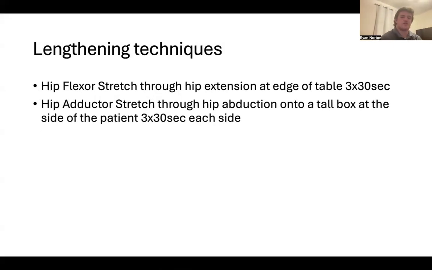Same ideas here with the hip flexor stretch. We're going to be doing this through the test that we use for hip flexion, where you lay on the edge of the table with your hips off, and we let those legs hang. Use the weight of the legs to provide a good stretch for that hip flexor complex to really loosen it out.